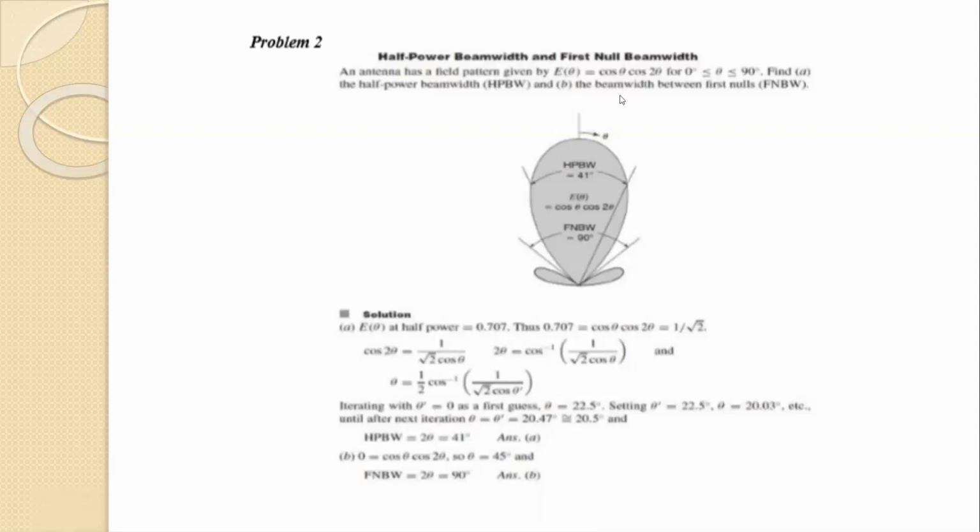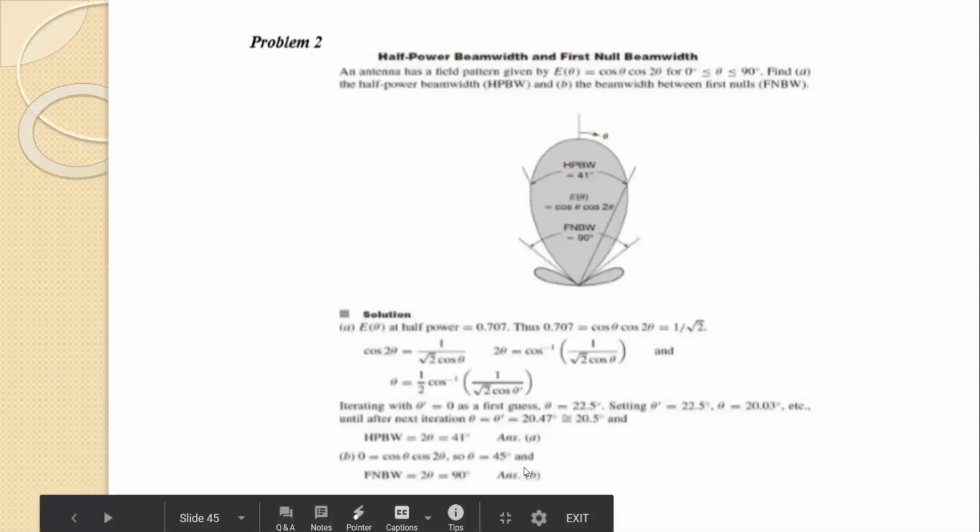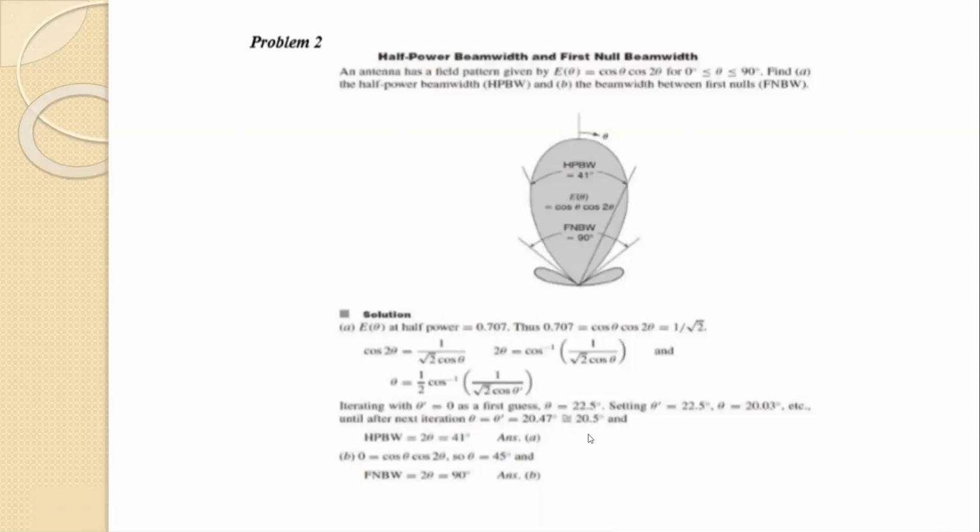Similarly, the second one, first null beam width, FNBW. You are familiar with the difference between HPBW and FNBW. So for FNBW, we equate the function E of theta equal to 0, cos 2 theta equal to 0. So theta equal to 45 degrees.